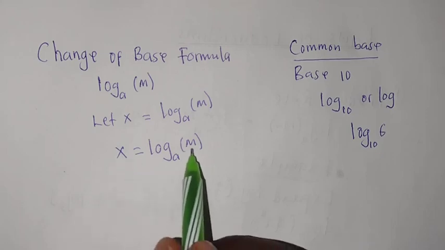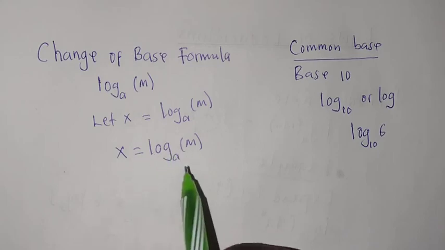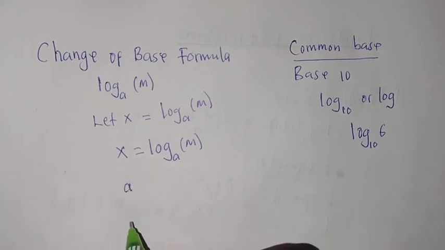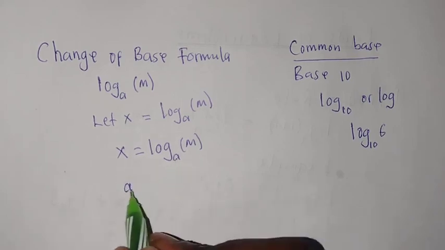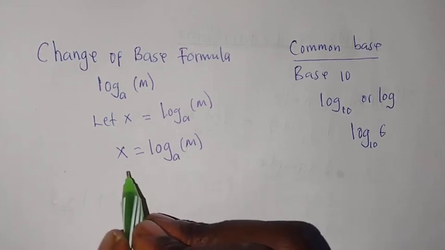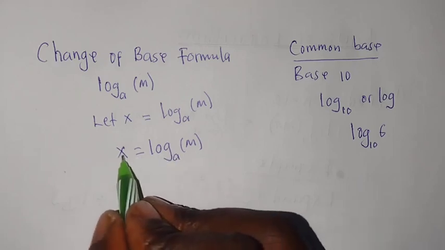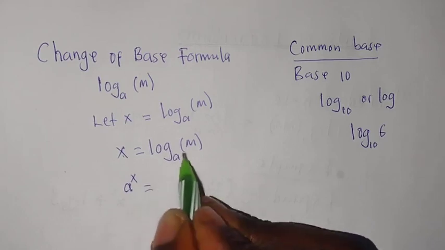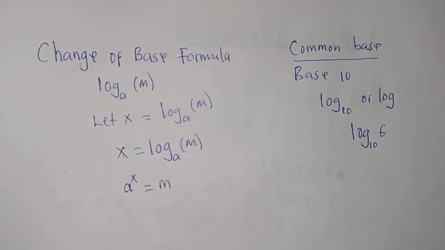So you recall that if you want to change this into exponential form, this base will be maintained. So you have A as your base, then X will be the power, equal to this M. This is what you are going to have.